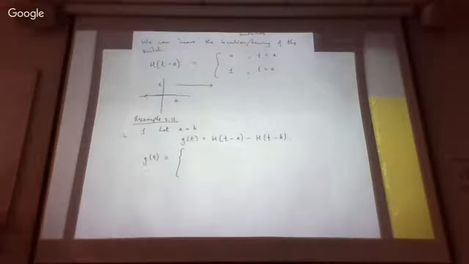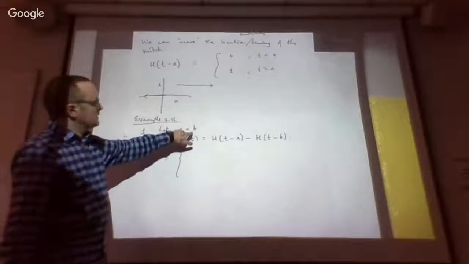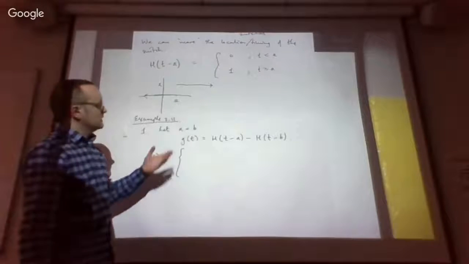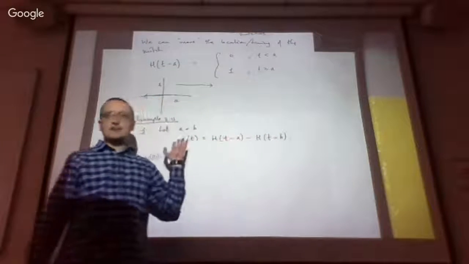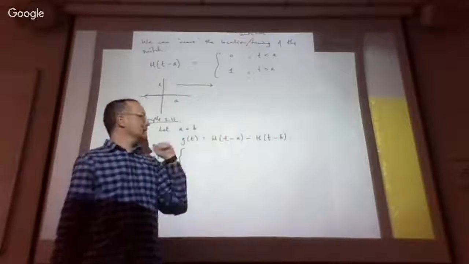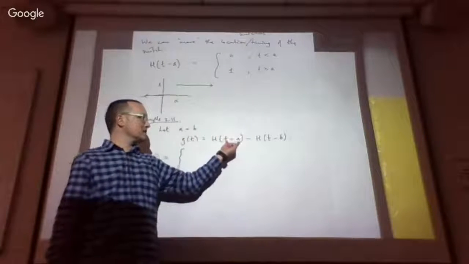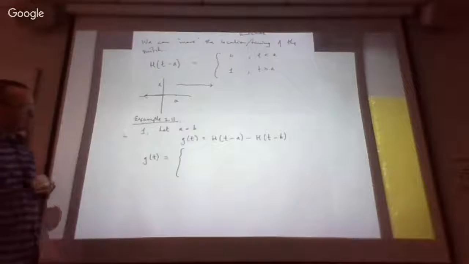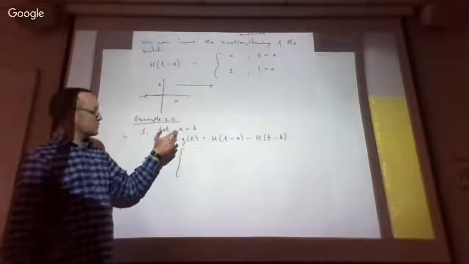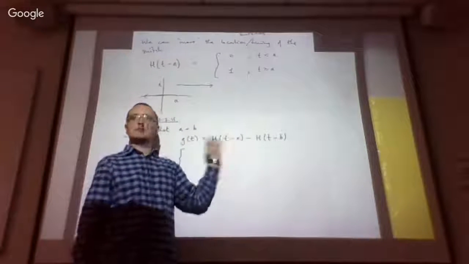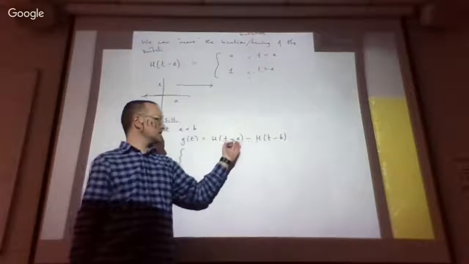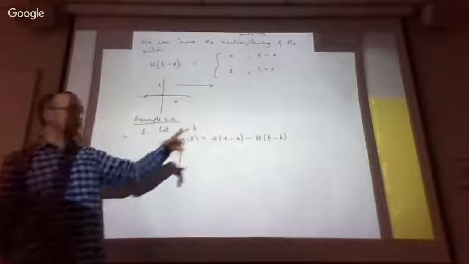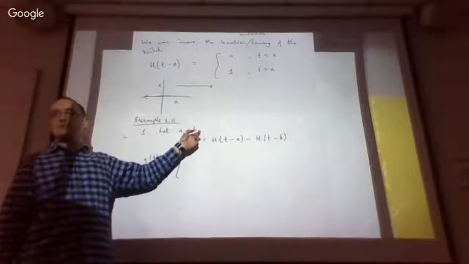Well, it's a linear combination of Heavisides. Heavisides behave according to whether their arguments are positive or negative. And the locations at which these arguments change from being positive or negative happen at a and at b.